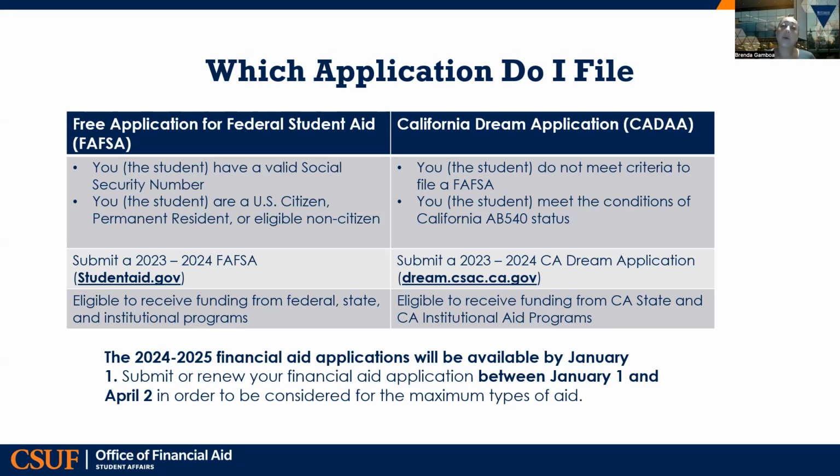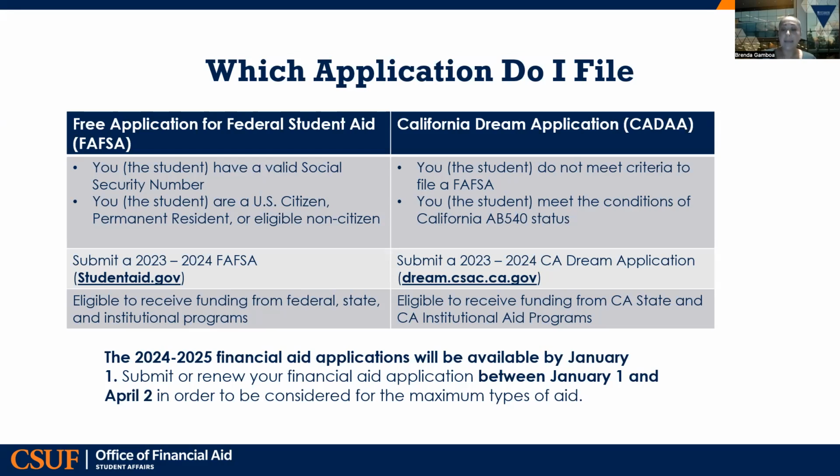So for the 24-25 FAFSA and CADA application, technically, it should be available as of now. The typical date is October 2nd, but because the Department of Education has made some big changes, the application will be open sometime in December. We don't have that final date just yet, but for sure, the application will be available by January.